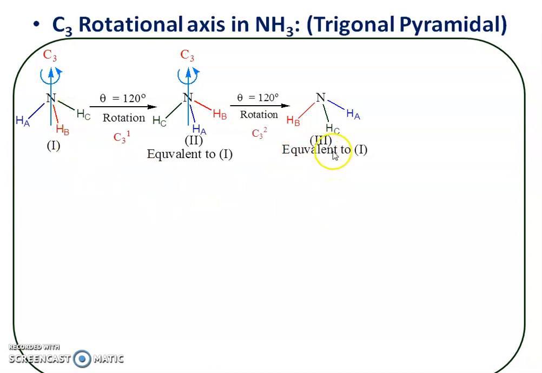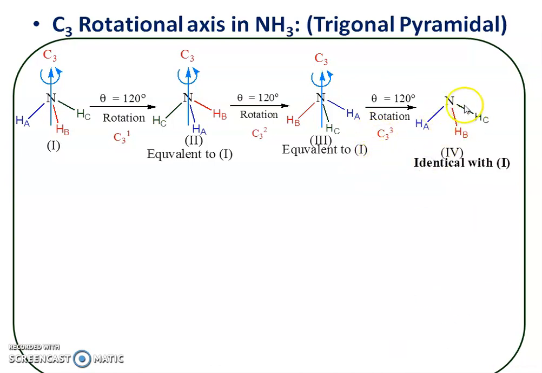Okay. Now again third time when molecule is rotated through 120 degree, so theta is equal to 120 degree, this rotation is represented by C33. This is third step or third rotation. Actually C33 is an identity, so we get identical structure. And now look at this structure 4.